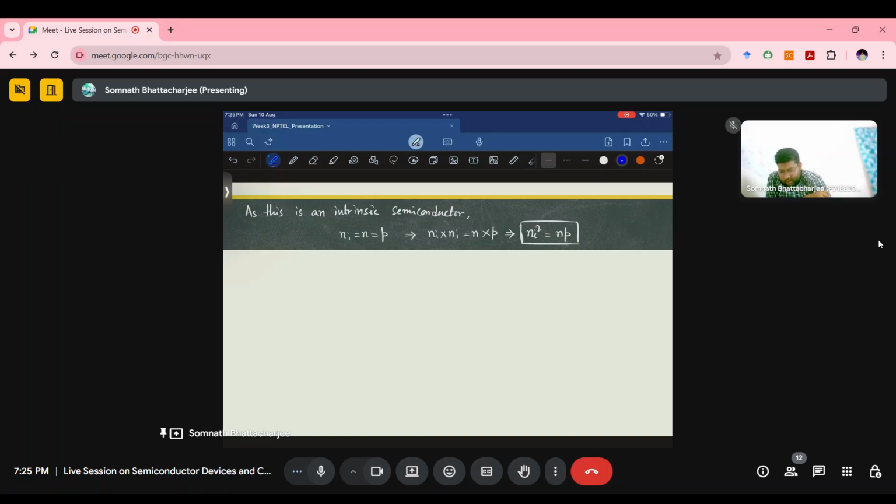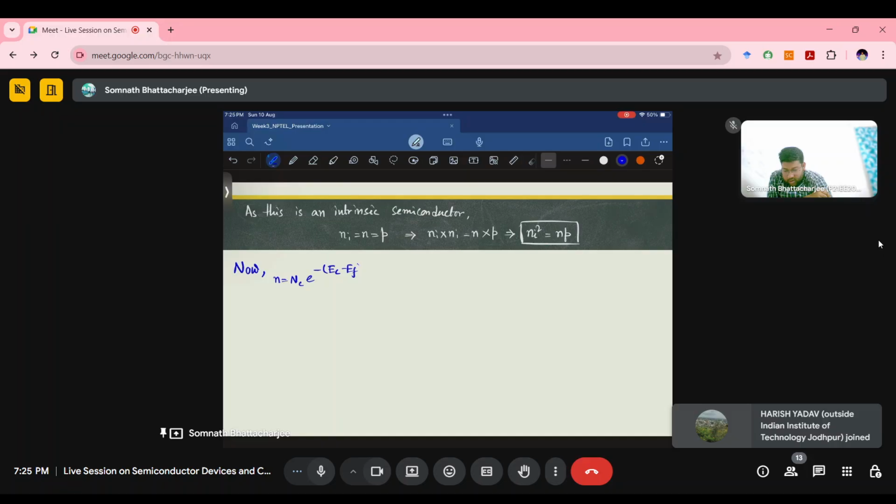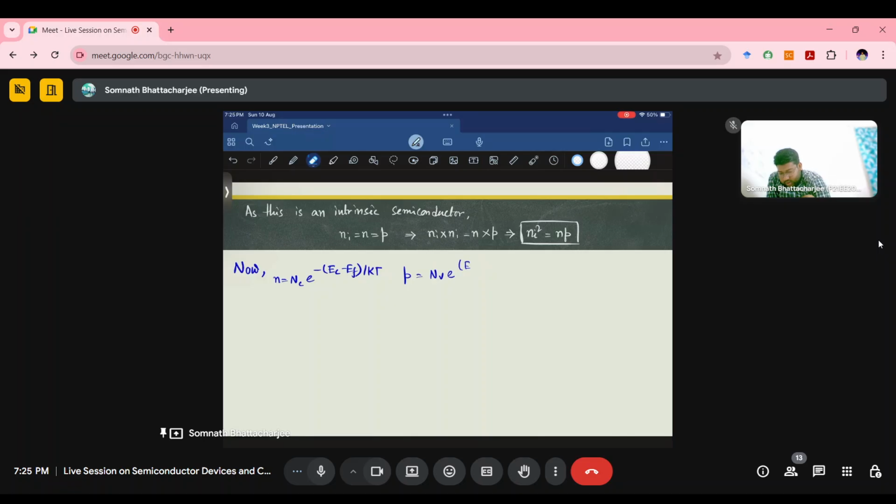Apart from that, let's write again: N equals Nc e to the power of minus Ec minus Ef divided by kT, and P equals Nv into e to the power of Ev minus EF divided by kT.